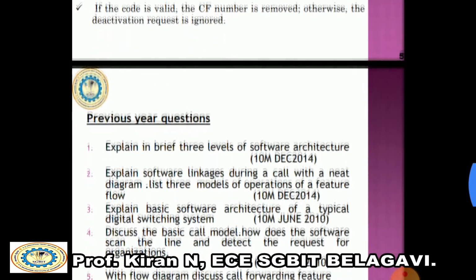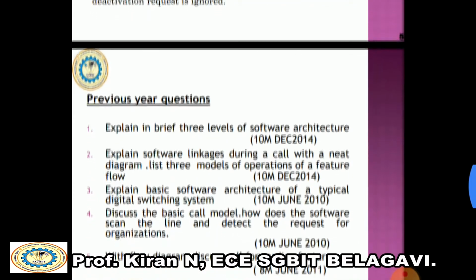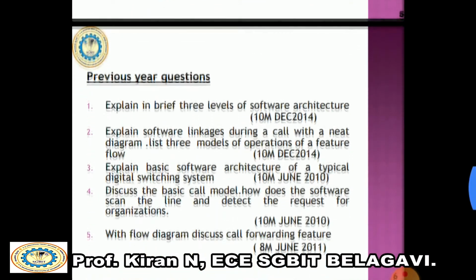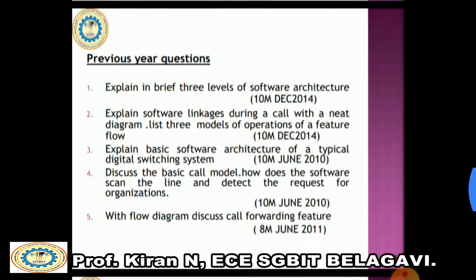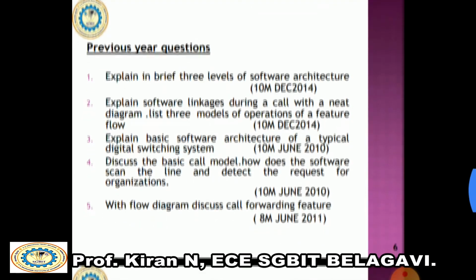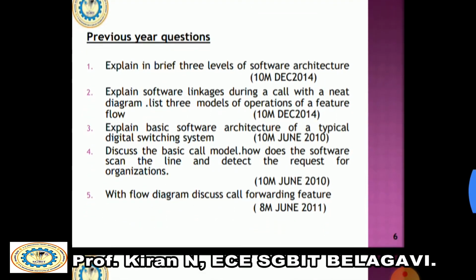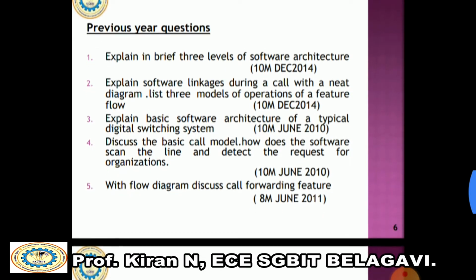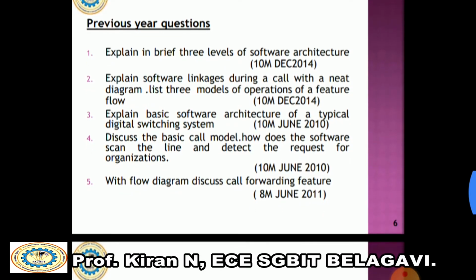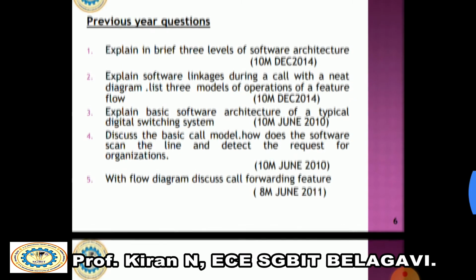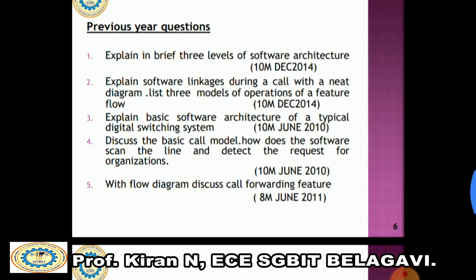Basically, feature activation happens when the customer goes off hook and dials the activation code, and the software then checks the validity of that code. If the activation code is wrong, the subscriber does not get any second dial tone and the call is straight away disconnected.